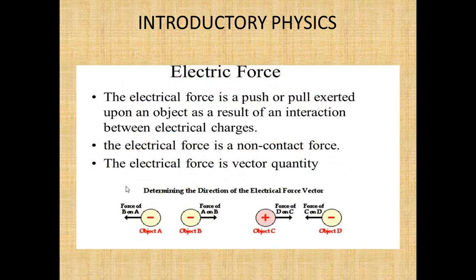So this is repulsion. Attraction, so you have a positive and a negative. The attractive force between these two objects is dependent on the product of the charges. So the charge on one multiplied by the charge on the other. Then you multiply by the Coulomb law constant, and then you divide it by the separation distance squared.